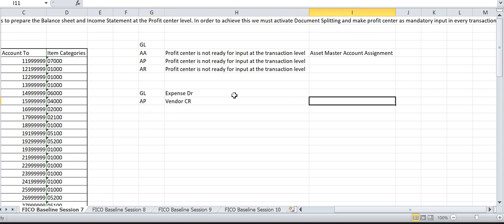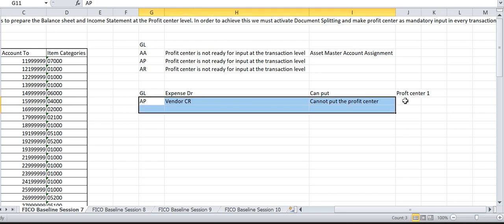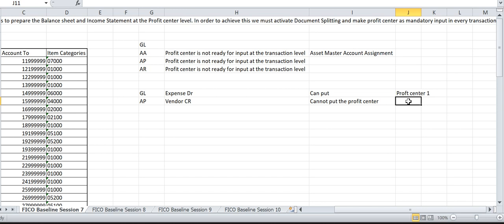In the AP module, we cannot put the profit center at the transaction level, but in the GL we can. Let's say I put profit center 1 here. This same profit center will be derived for the AP line automatically. This is what we call profit center derivation in AP and AR from the GL.